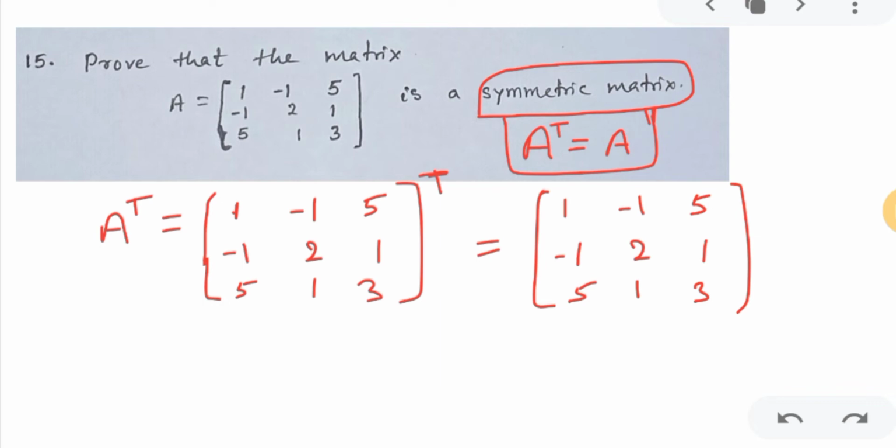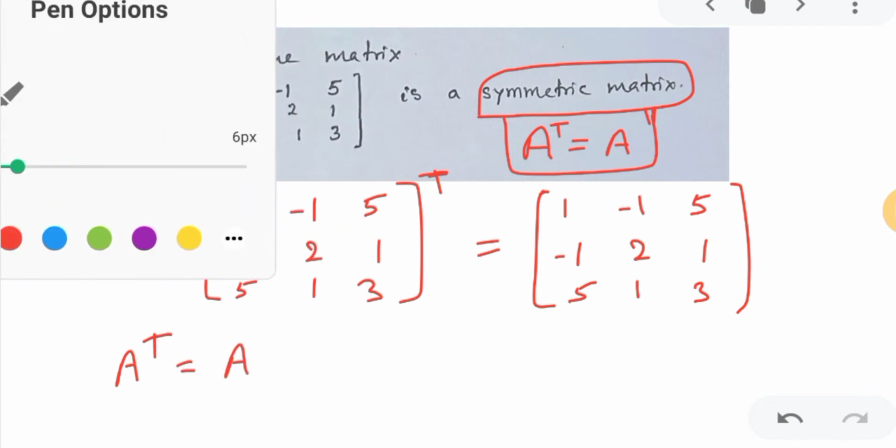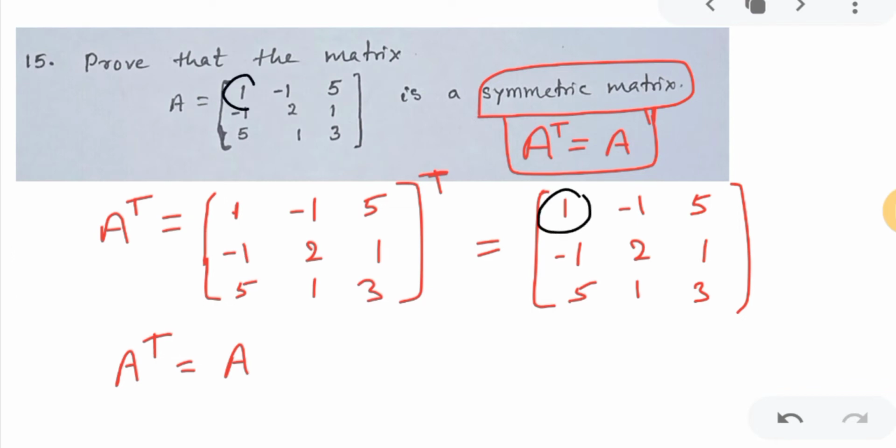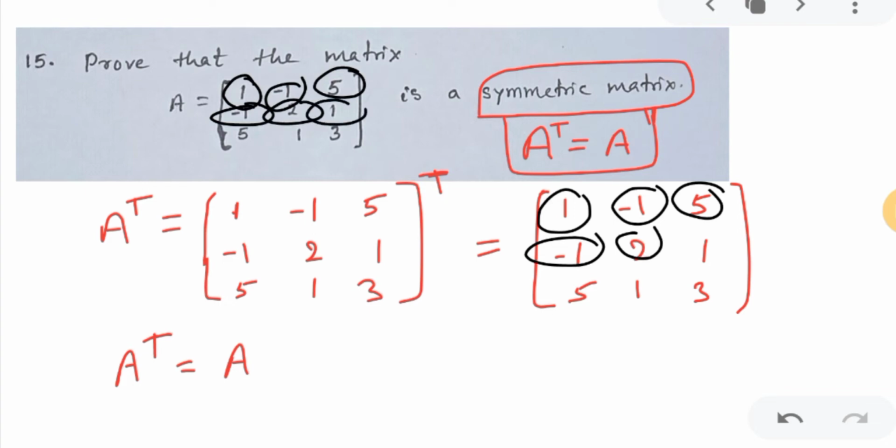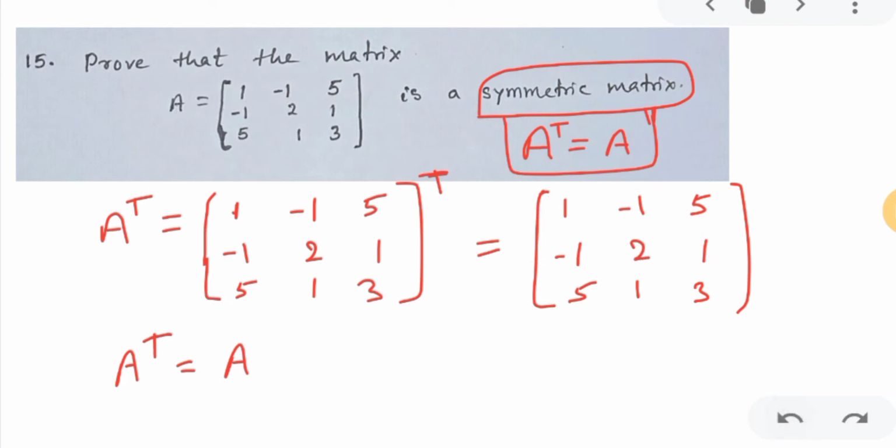A transpose is equal to A when corresponding elements are the same. So you will check corresponding elements: 1, -1, 5 and 1, -1, 5; -1, 2, 1 and -1, 2, 1; 5, 1, 3 and 5, 1, 3. So both are the same.